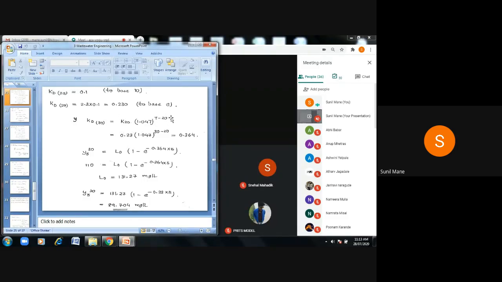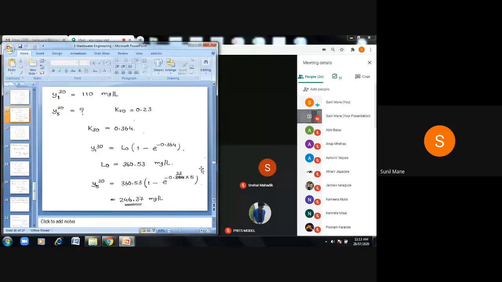Now the temperature we have is 30 degrees Celsius. Based on that, we can calculate KD at 30 degrees Celsius as 0.364, right? You can carry out the similar calculation here, and the result we got is 0.364.